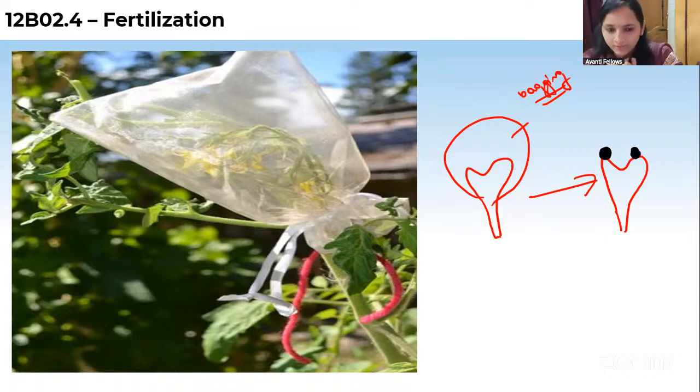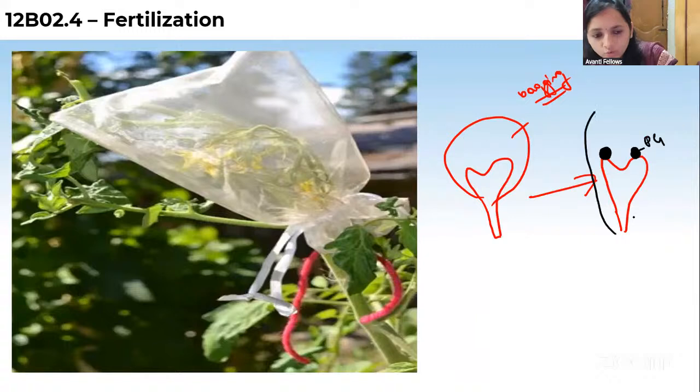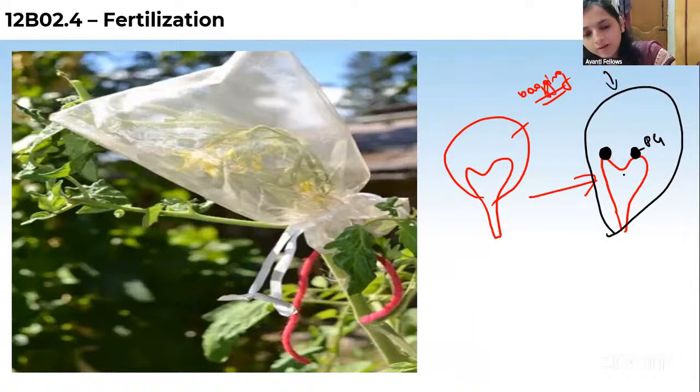After deposition of the pollen grain, we are going to do the bagging again, because some other pollen grain should not deposit and grow there. So we cover the stigma to avoid contamination of the stigma.